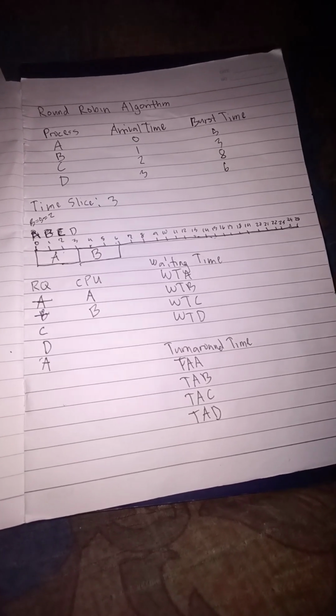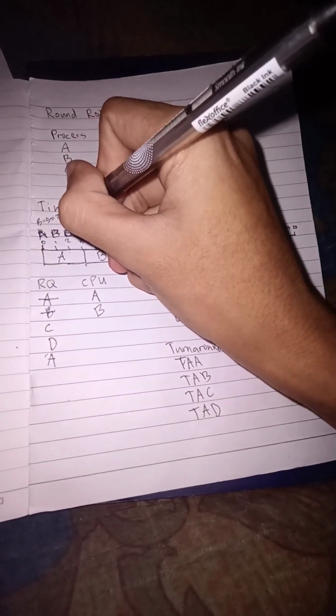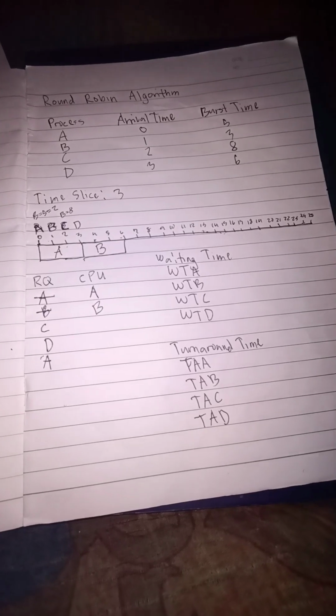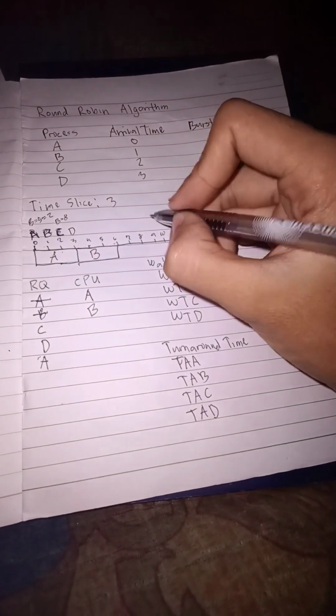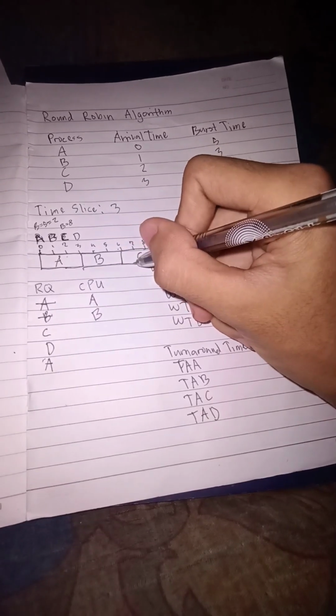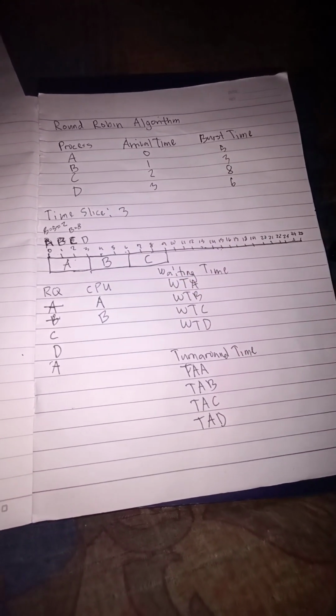Now let us proceed to the process C. C has a burst time of 8. Since our time slice is only 3, we are just going to count 3. 1, 2, and 3. So C will only be executed up to 9.